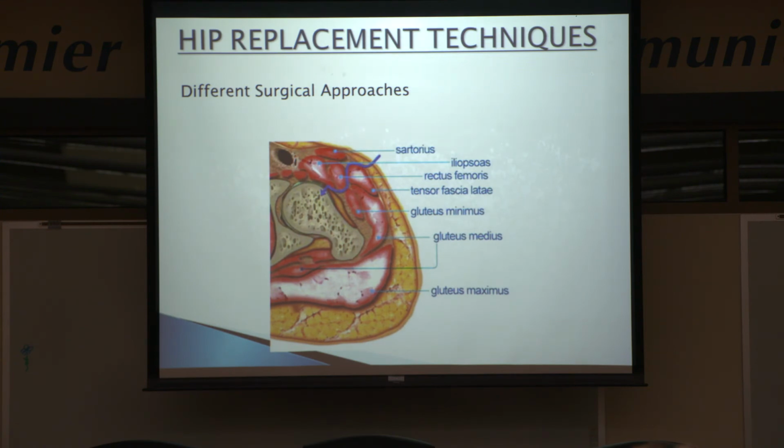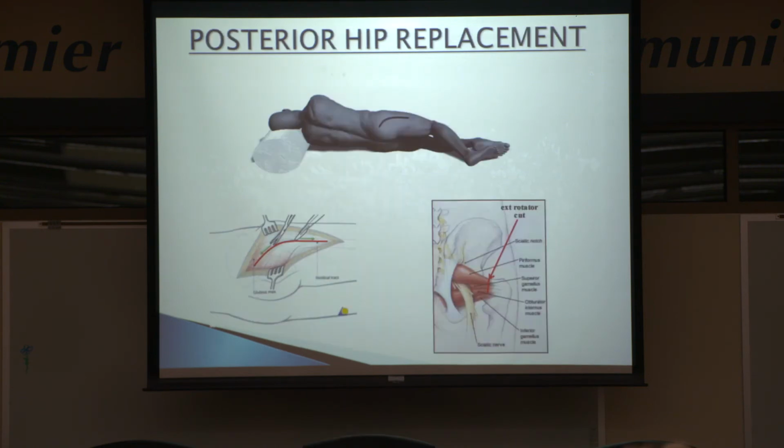And then as we go deeper, there's some other muscles I have to go through. If I go from the side to do a hip replacement, I have to go through part of the gluteus medius and the minimus sometimes. If I go from the front, I can get between muscles, and I don't really have to cut any muscles.